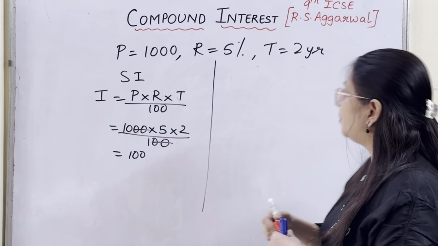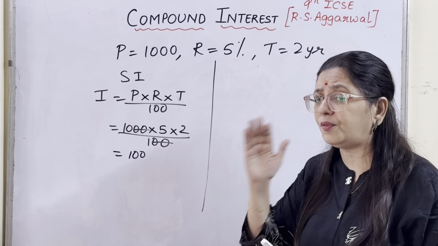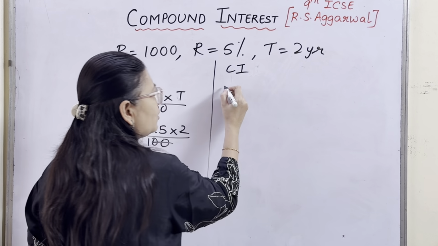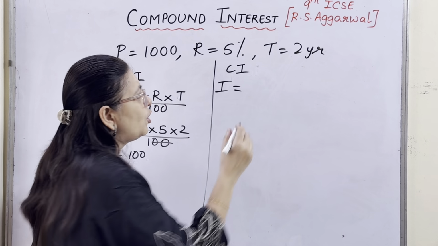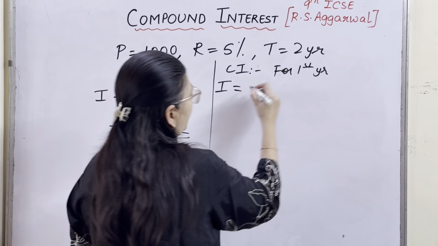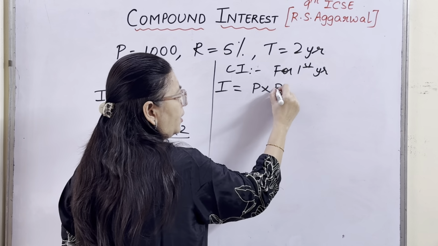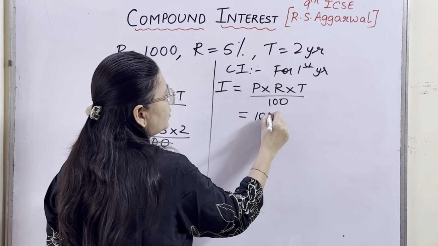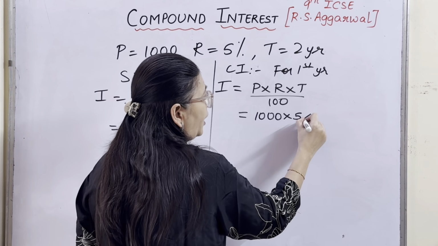Now let's come to compound interest. As per compound interest, first let's find the interest for the first year. It is P into R into T upon 100. Principal is 1000 into 5 into time.